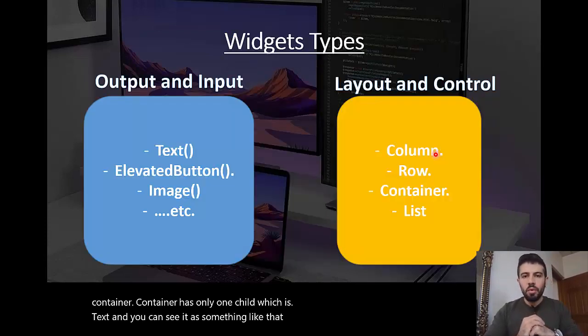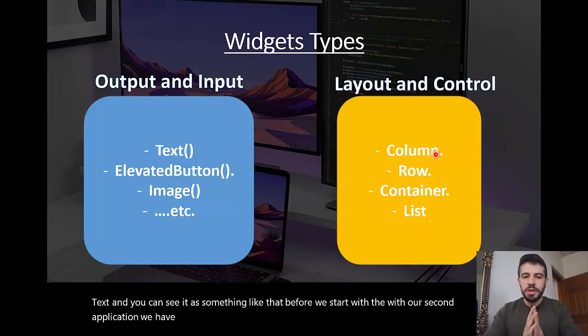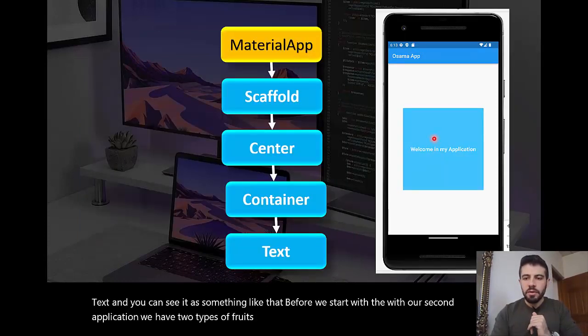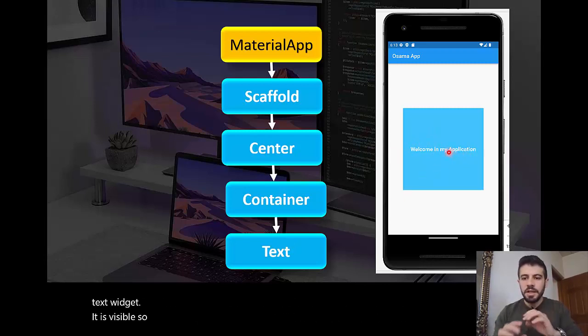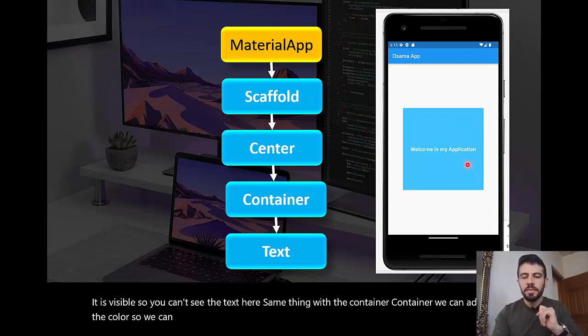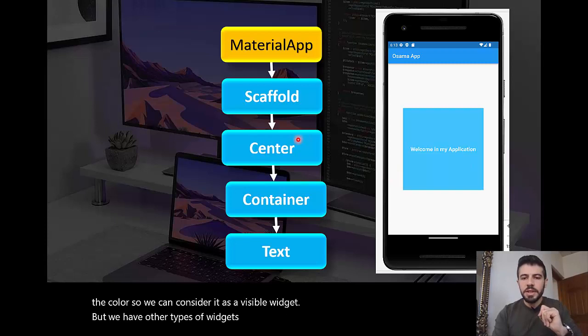Before we start with our second application, we have two types of widgets, like you can see here. For example, here you can see the text widget. It is visible, so you can see the text here. Same thing with the container. We can add a color, so we can consider it a visible widget. But we have other types of widgets that are invisible, for example center.